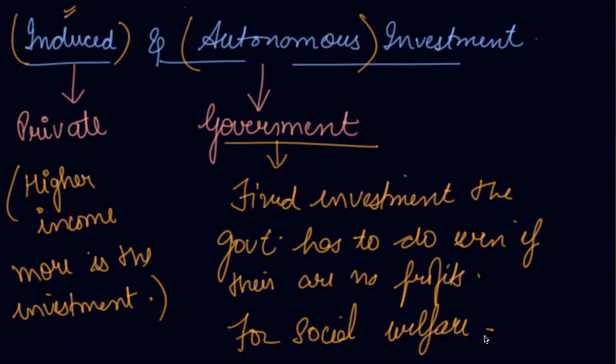But some investment the government has to do in an accounting year for the social welfare, whether they earn profits or not. So this is the autonomous investment and this is the induced investment.